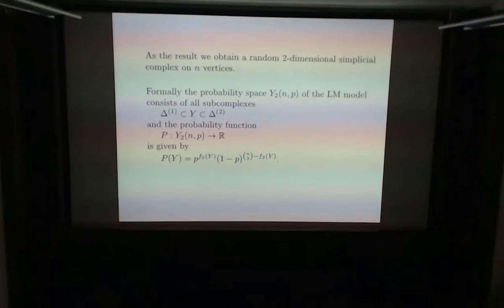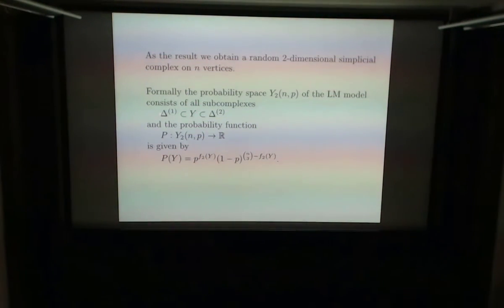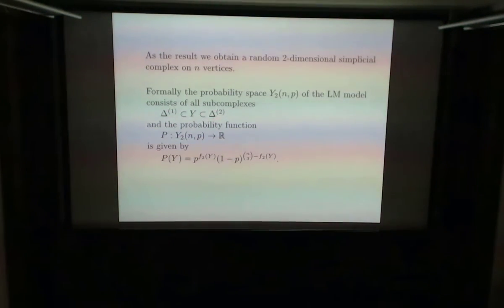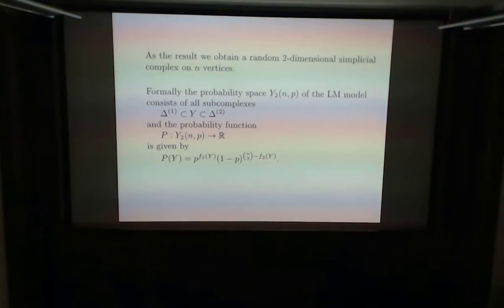So our probability space is denoted by Y2(n,p), the Linial-Meshulam model, and it consists of all two-dimensional complexes which contain the one-skeleton of the simplex of dimension n minus 1 on n vertices. So it is a complete graph. This is a complete graph, and it is a subcomplex of the two-skeleton of the simplex.